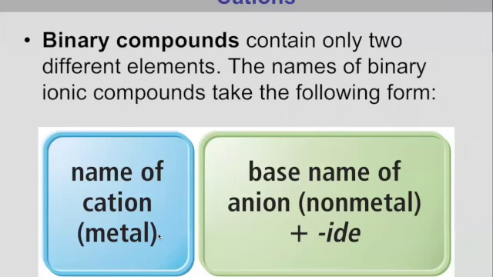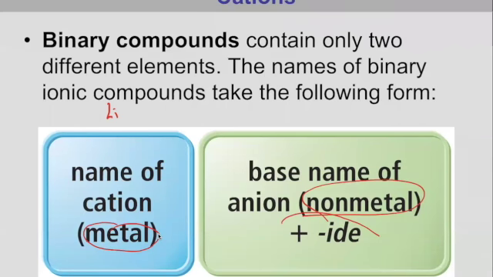When we are dealing with type 1, the way we are going to name the compound is we're going to be dealing with a binary, meaning two elements. The first one is going to be a metal, and the second one is going to be a non-metal. The first one, you just say the name of the metal. So for example, if you have lithium, you just say lithium.